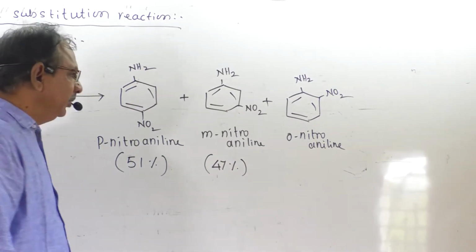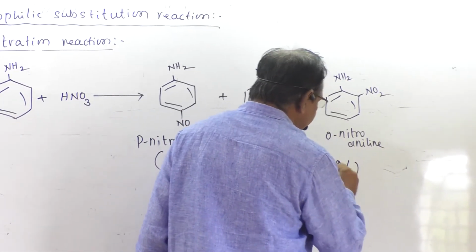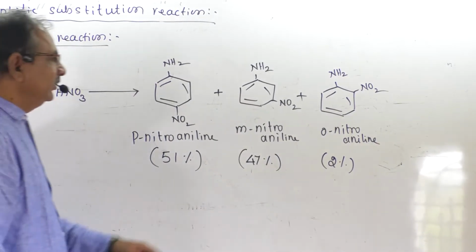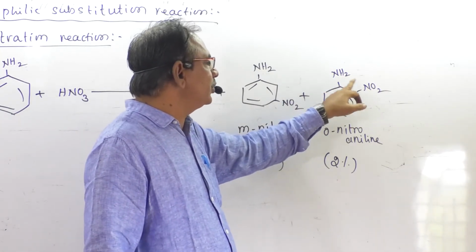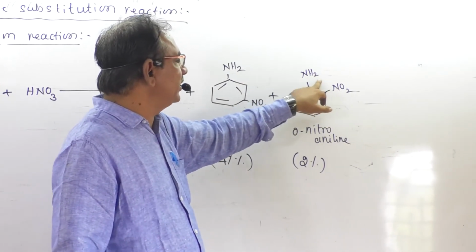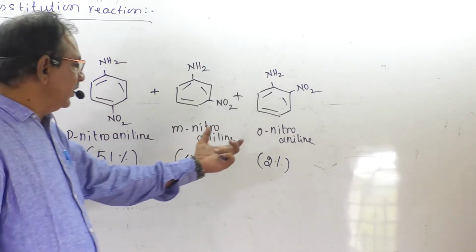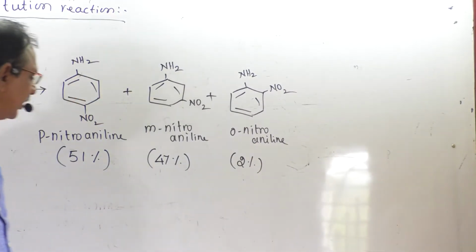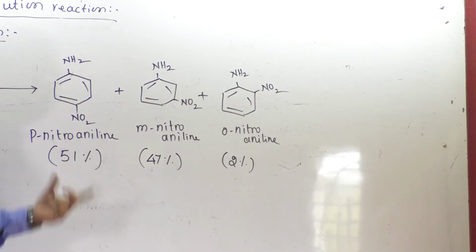But ortho-nitroaniline gives only 2% product, because intramolecular hydrogen bonding takes place between the NH2 group and the NO2 group, since these two groups are present side by side. Hence the quantity of the product is reduced to only 2%, and the higher percentage, 51%, is para-nitroaniline.